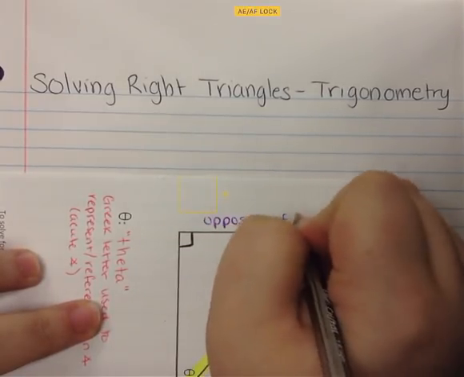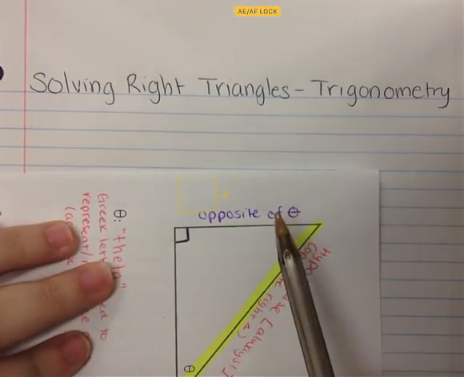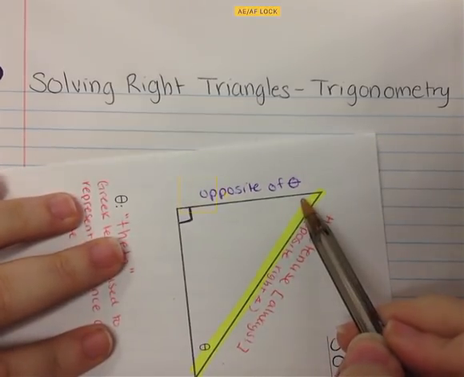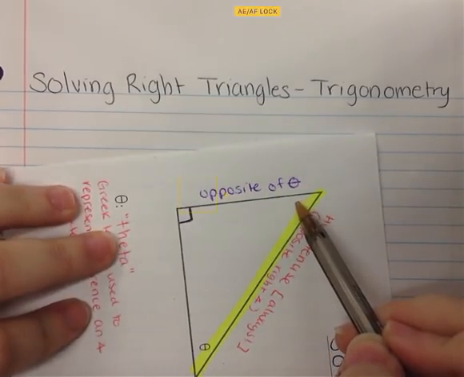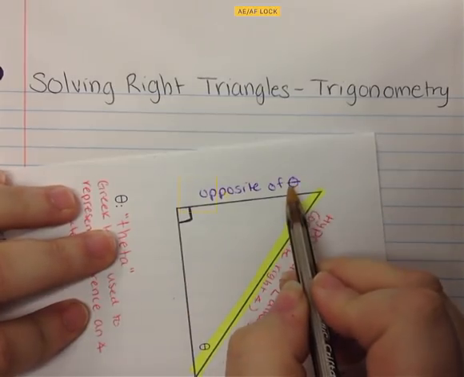Opposite of theta can change if theta changes location. So if theta were to come here, the opposite of theta would actually go to the other side.